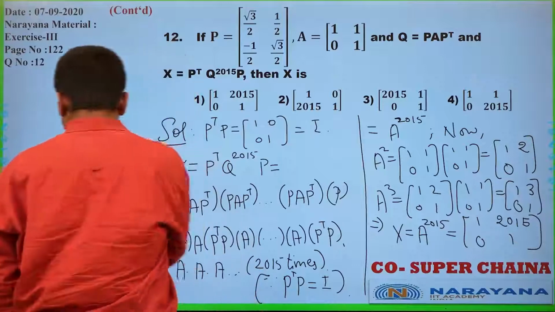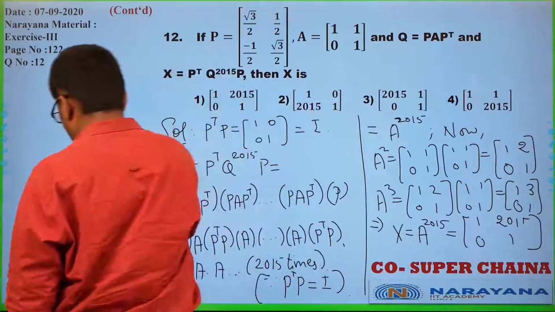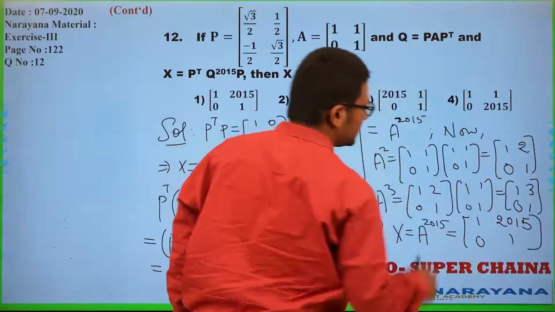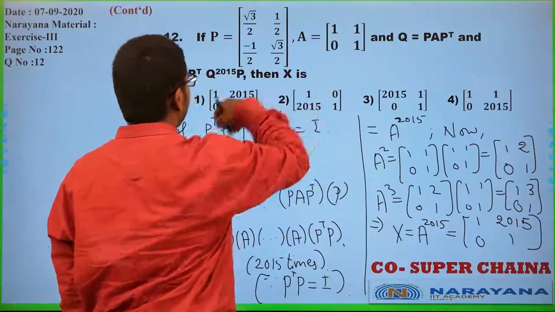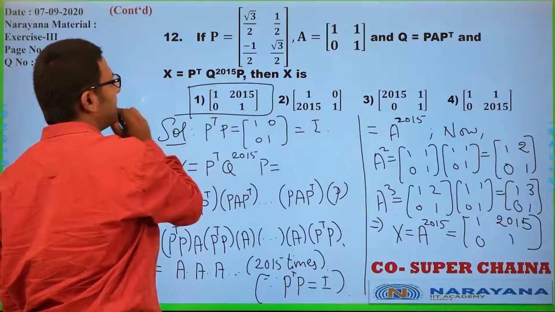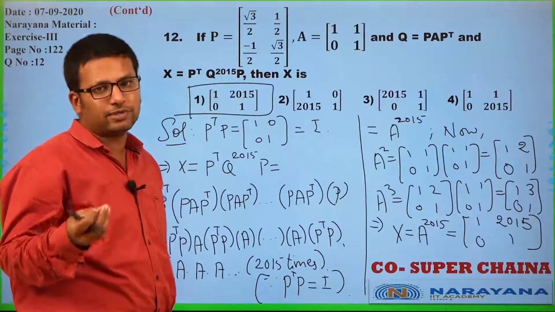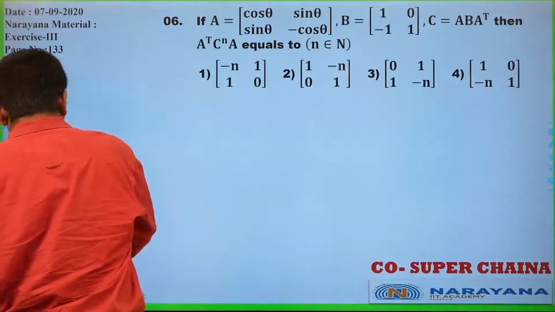Let me just make it neat. Right. 1 2015 0 1, right? Which is option number 1. Okay. So you just need to multiply a couple of things and try to figure out the pattern. Got it? Okay. Let us proceed to the next question.